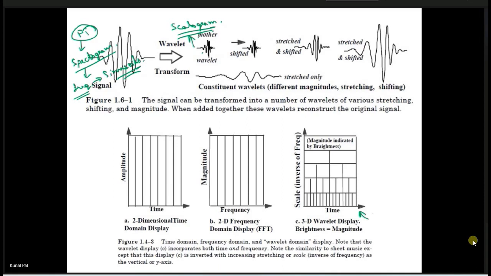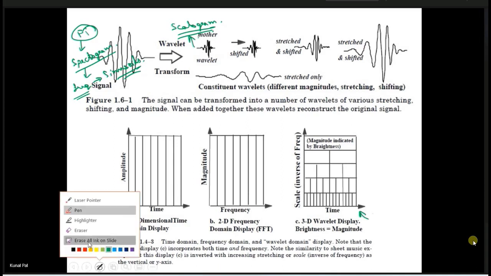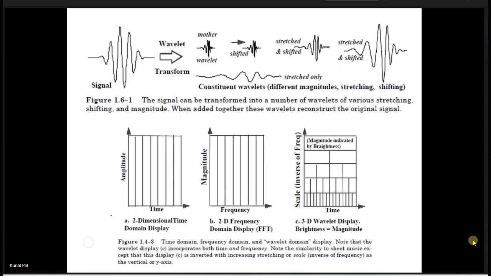Now, if you see properly, these wavelets perform two functions. The first function is that it acts as a window, and the second is that it itself acts as an analysis function.